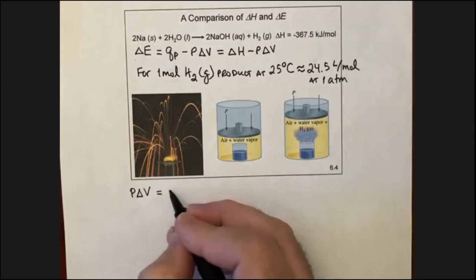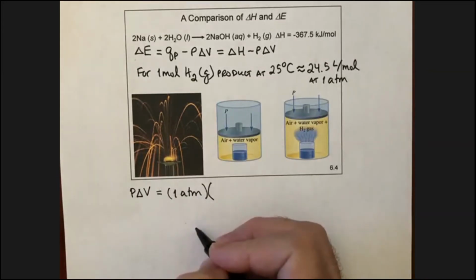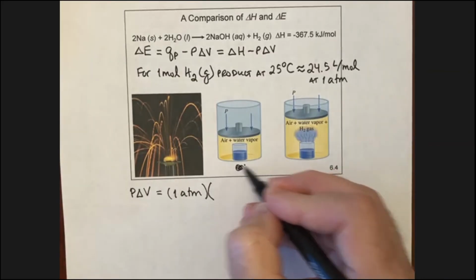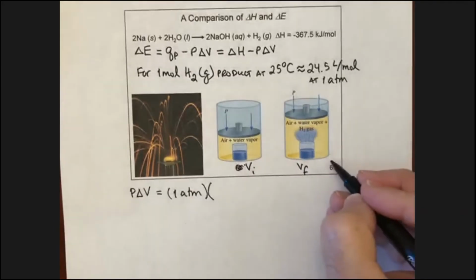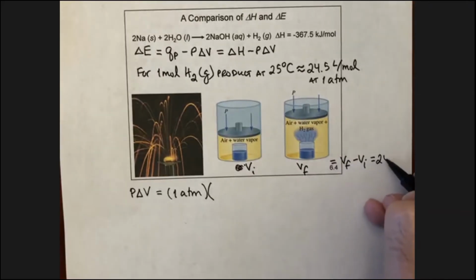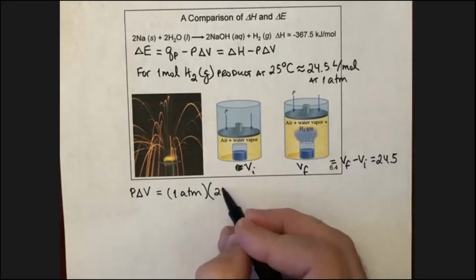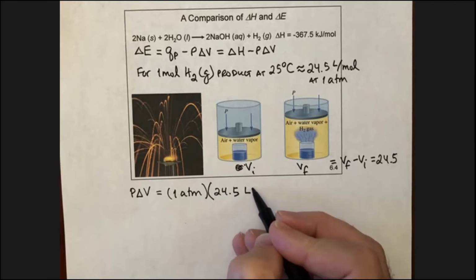Well, it would be 1 atmosphere of pressure, and delta V, from V initial to V final, the difference is 24.5 liters, because we produced 1 mole.